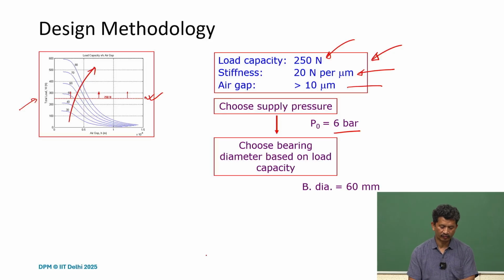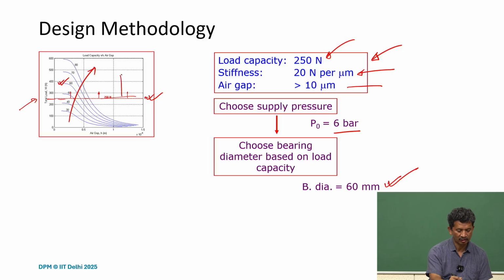So we have to go for a bigger diameter. So yeah, 50 onwards. So let's go for the 60 millimeter bearing diameter. From here we can choose 50, 60, 70, 80 also, right? So at least this is my boundary. It has to be above this line.